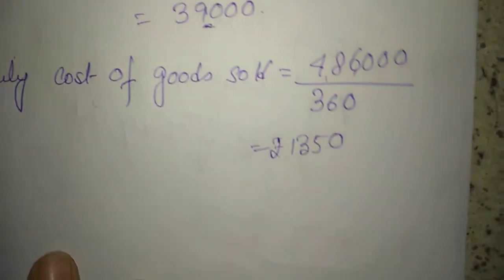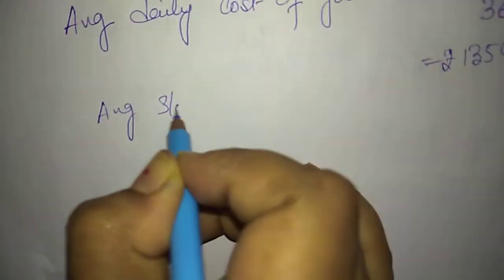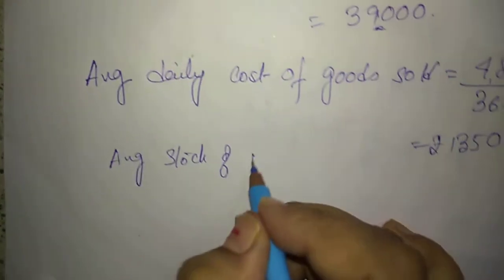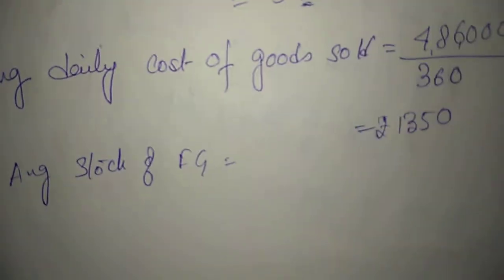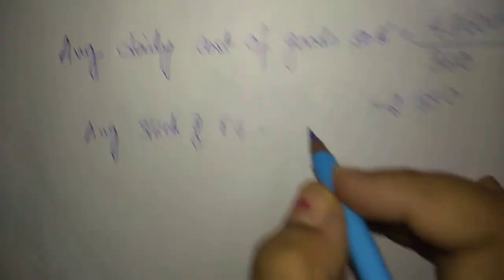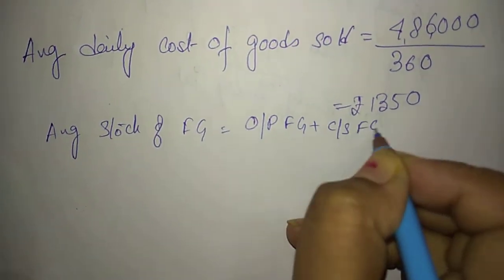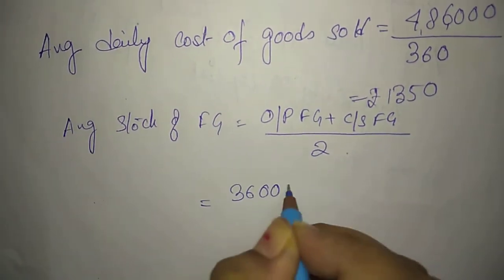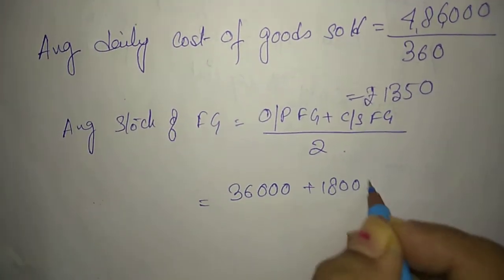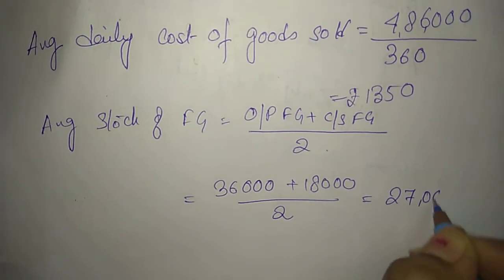Okay. Now we find out the average stock of finished goods. Average stock of finished goods, that is opening finished goods plus closing finished goods divided by 2. It's coming to 36,000 plus 18,000 divided by 2, that is 27,000.